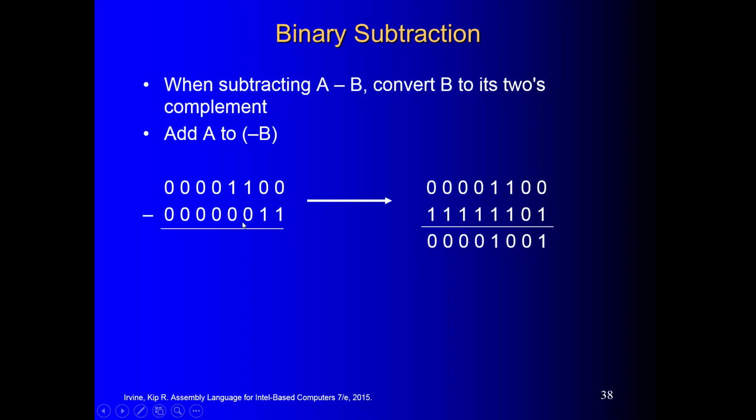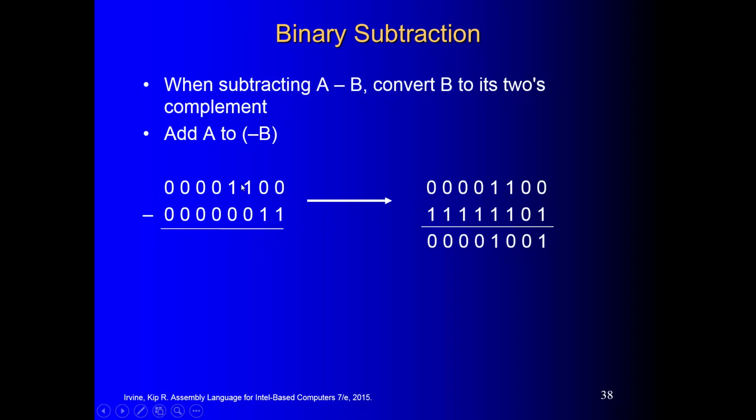For example, this is 4 plus 8, this is 12, so this is 12 minus 3. We want 12 minus 3, actually we can say 12 plus negative 3. So in order to subtract, we're going to add. We're going to change this 3 to be the 2's complement of 3.